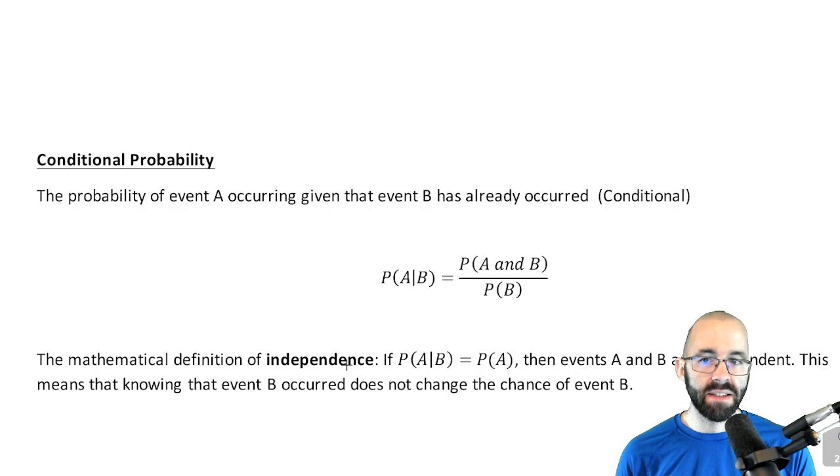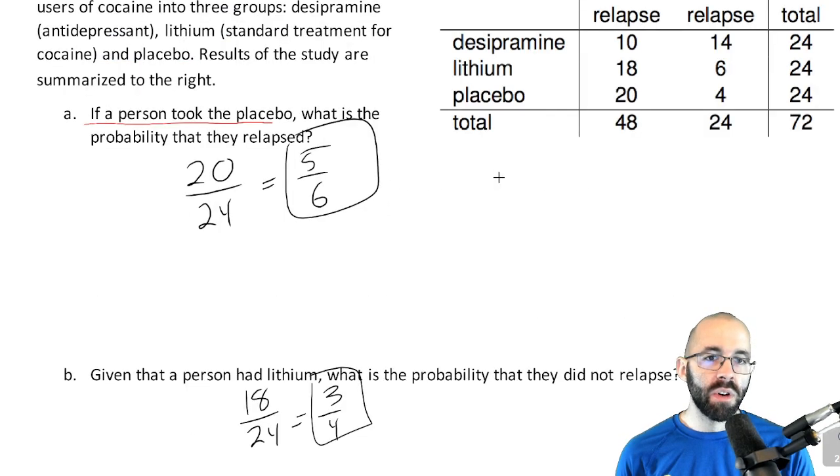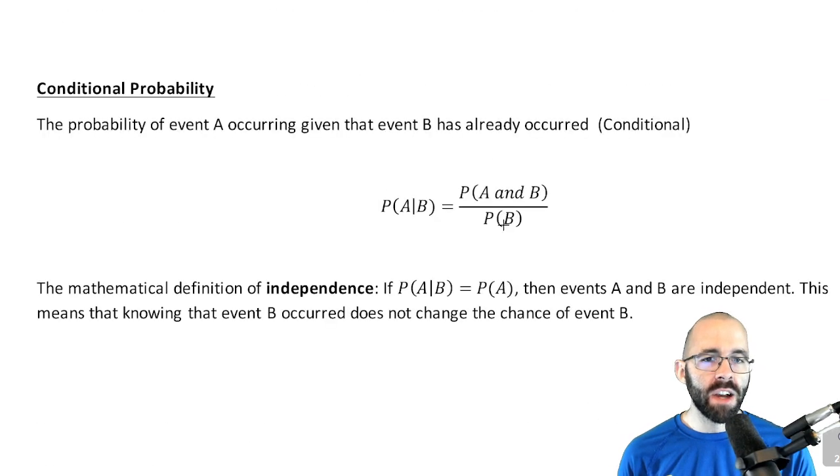So let's formalize this with conditional probability. Another way of being able to do this, another formula. For these tables, we can just use the tables like we did in the second video of this section. But for probability in general, there's another way.